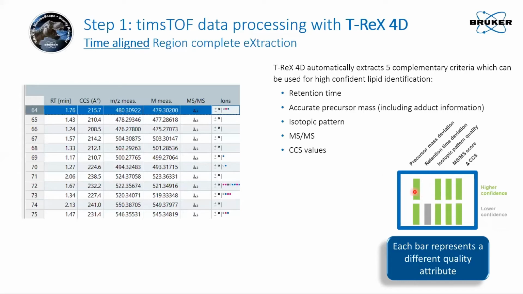Now you might wonder about these 2 bars here. We have a high confidence window where, if you match it, the software will display 2 different bars, and a low confidence window where, in this example for retention time, the match is within a wider threshold, then it will just display a single bar.